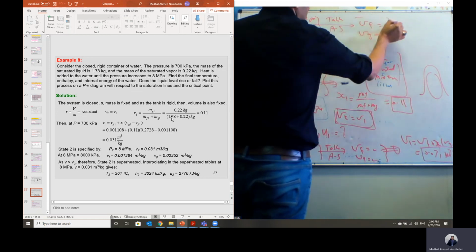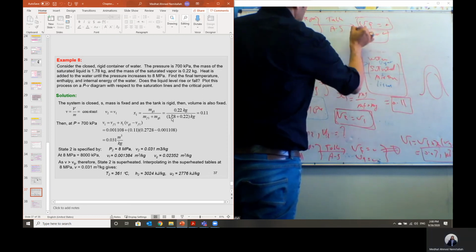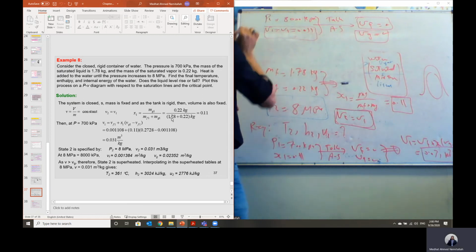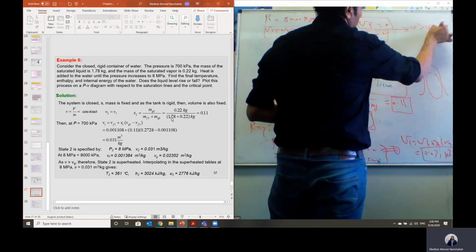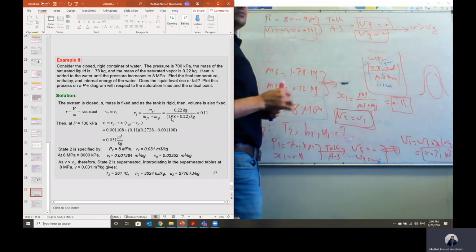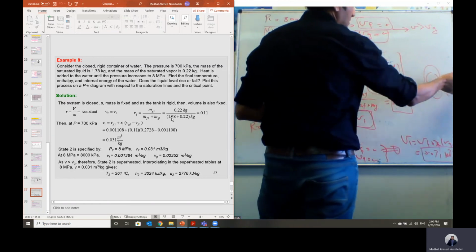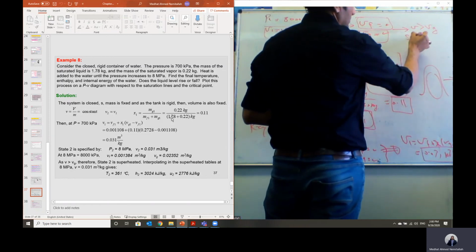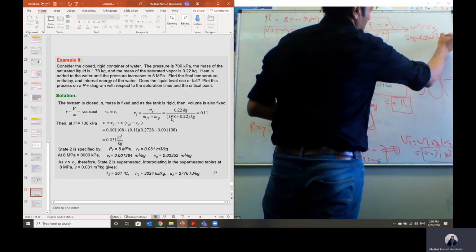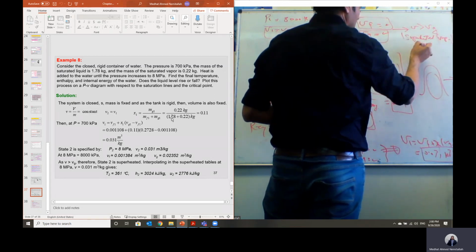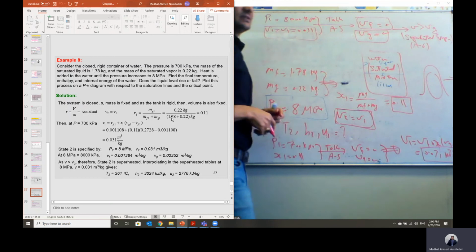And then I have to compare those values with the given specific volume. If you compare, you will find this specific volume V will be greater than the value of V gas. V is greater than V gas, that means we are in the superheated zone. So the state of steam is superheated vapor. And in this case, I have to use table A6.